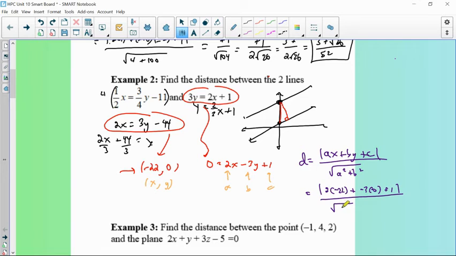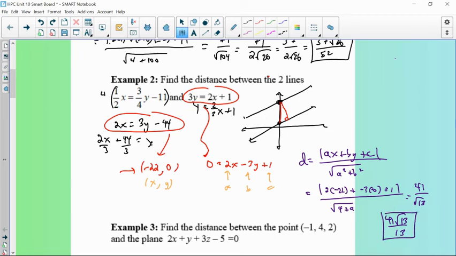So the square root of 4 plus 9. So then I get negative 44 plus 0 plus 1. So it's the absolute value of negative 41, which is 41, all divided by the square root of 13. And so we could rationalize that to get 41 root 13 over 13.